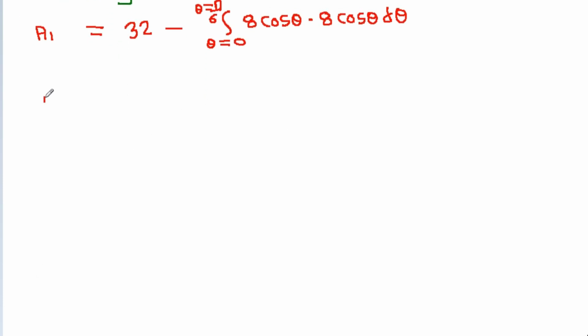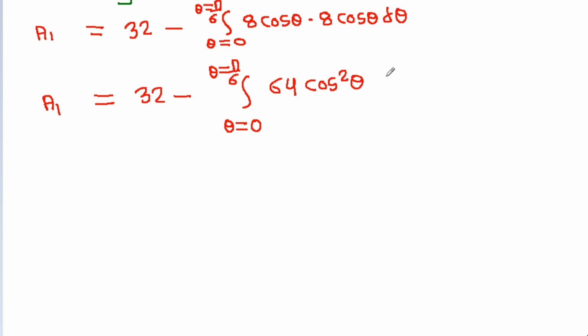and A1 is equal to 32 minus the integral from theta is equal to 0 to theta is equal to pi by 6 of 64 cos square theta d theta, and cos 2 theta is equal to 2 cos square theta minus 1.